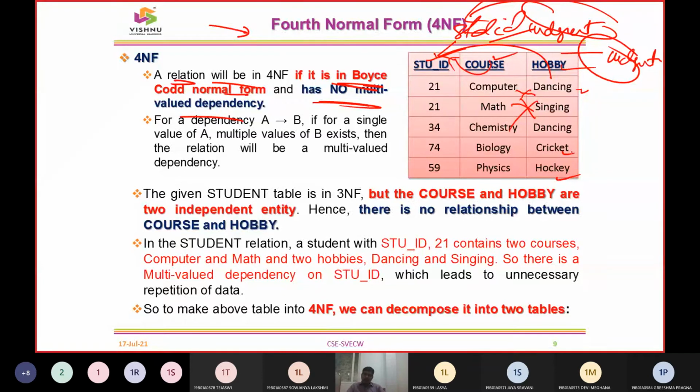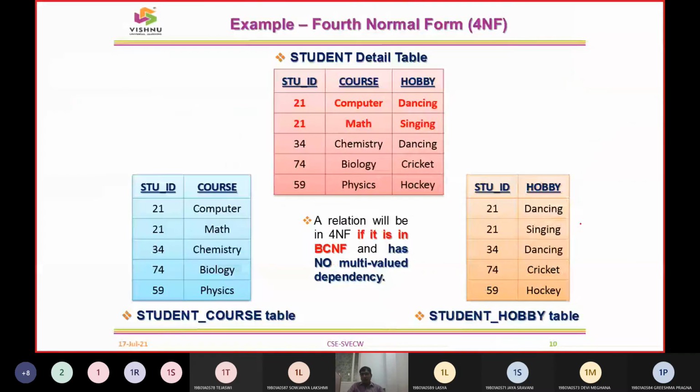Now, as the present table is not in fourth normal form, we need to decompose it. How we decompose is, we take the student ID and the courses and put them into one table, which we call the student course table.